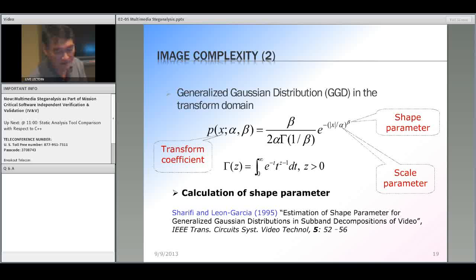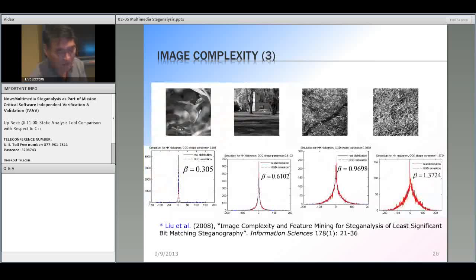This scale parameter tells you how high the distribution goes. And so, for example, in this distribution, the beta value is smaller than the beta value here, which is still smaller than this one. Corresponding to these four pictures above, you see the one on the right has much higher complexity. The one on the left has the lowest complexity, according to the beta value, or the shape parameter of the distribution in the GGD.